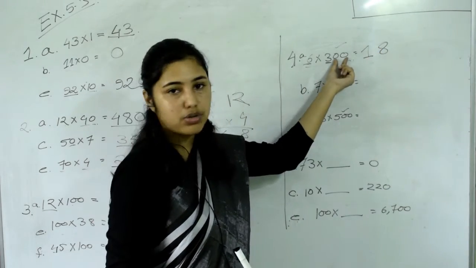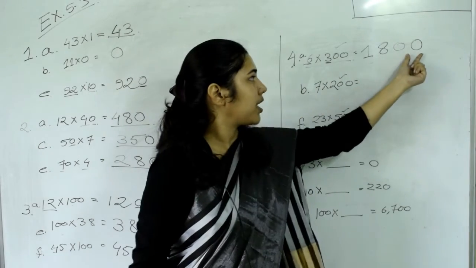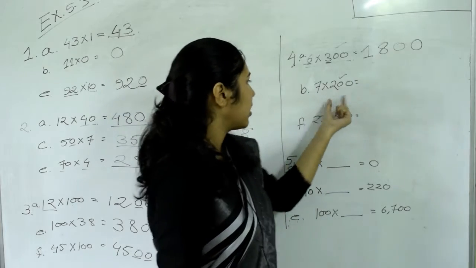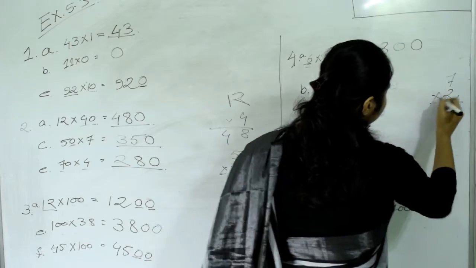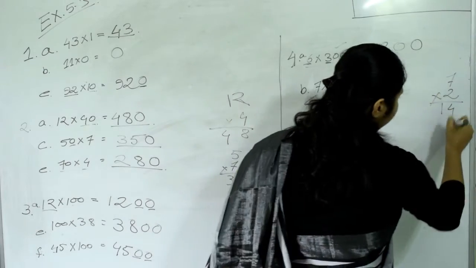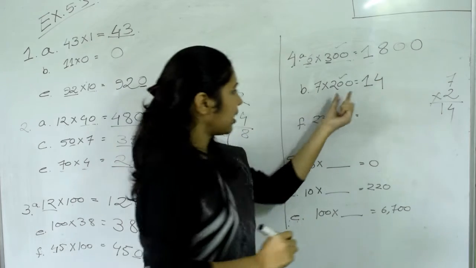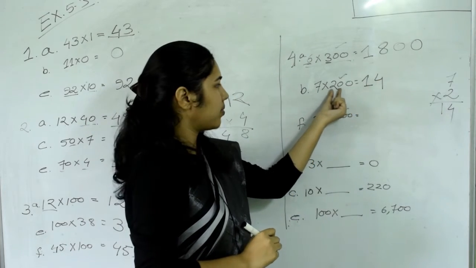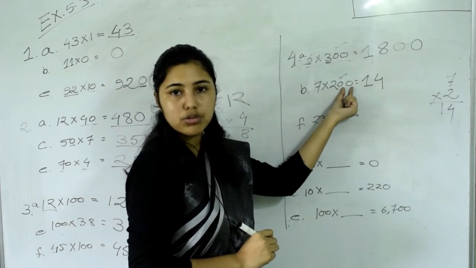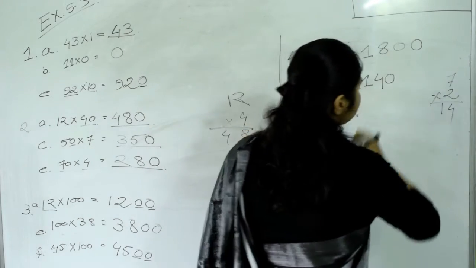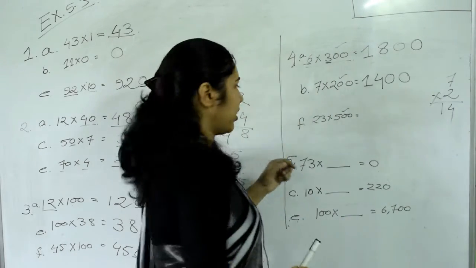Now add these two zeros, 1, 2 in ones place and tens place. Next multiply 7 and 2. Know that 7 2s are 14, right? So here 14 and then again add two zeros because here 2 is followed by two zeros. So 1 0 in tens place and 1 0 in ones place.